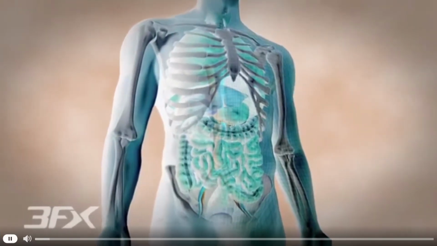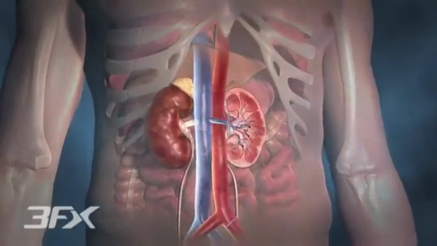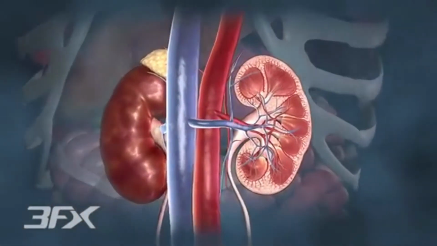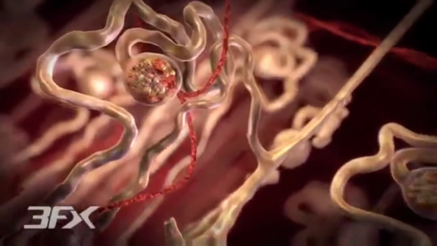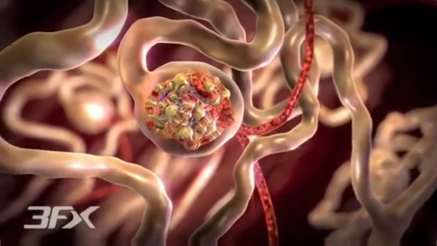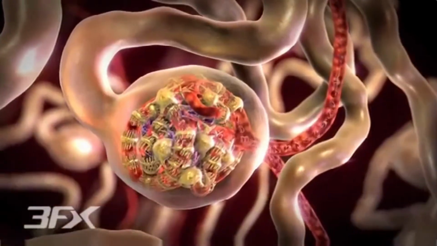The development of diabetic nephropathy involves hypertension and hyperglycemia-induced changes in multiple pathways that contribute to morphological changes in the kidneys. The glomerulus is a globular-shaped structure composed of capillaries that are actively involved in the filtration of fluid from the blood to form urine.